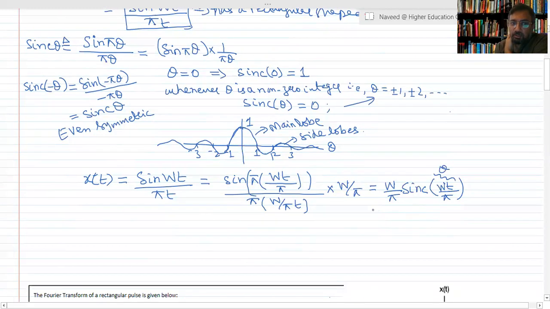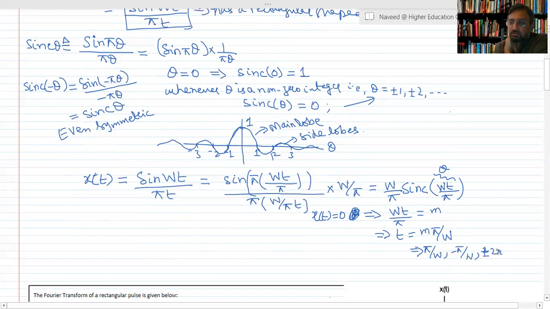And since we are interested in the plot of x(t) in variable t, x(t) is 0 whenever Wt over pi is a non-zero integer value, which means whenever t is m times pi over W. So x(t) will be 0 at pi over W, minus pi over W, 2 pi over W, plus minus 2 pi over W, and so on.